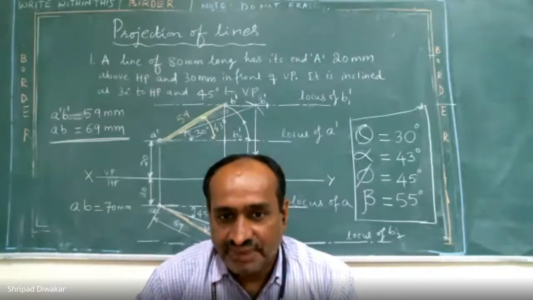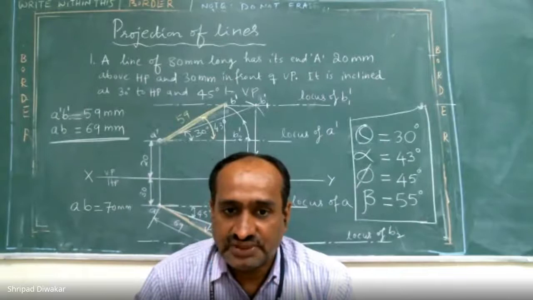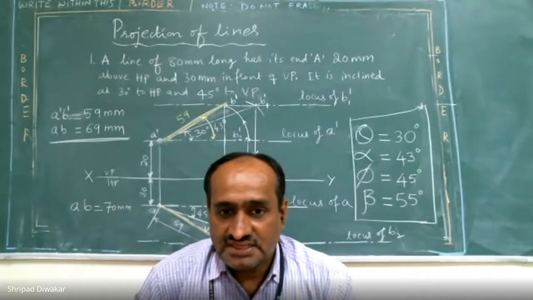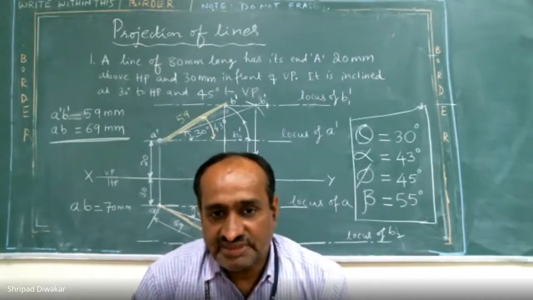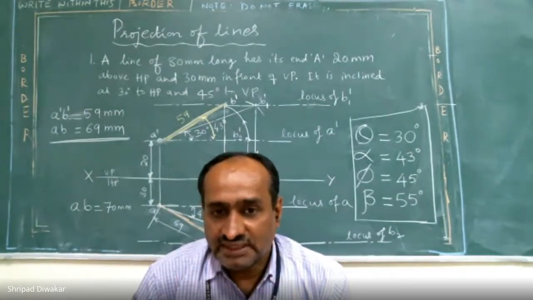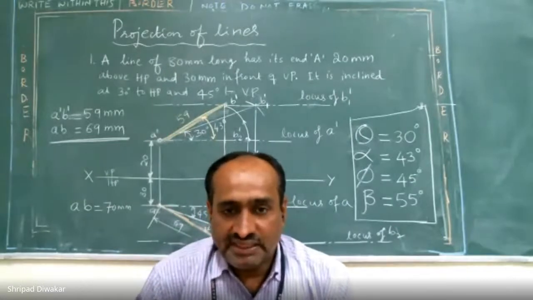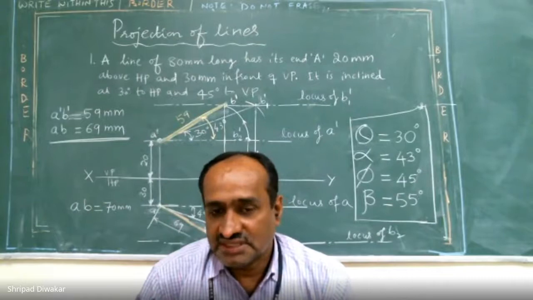Next notation: theta is the true inclination with respect to HP. Alpha is the apparent inclination with respect to HP. Phi is the true inclination with respect to VP. And beta is the apparent inclination with respect to VP. So these are the things you should remember.